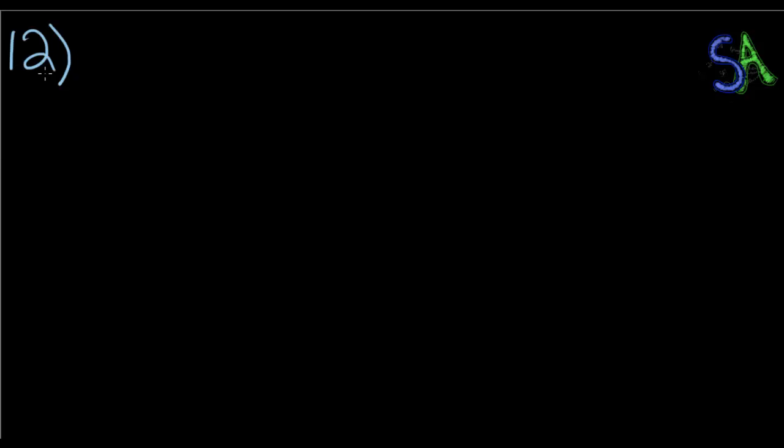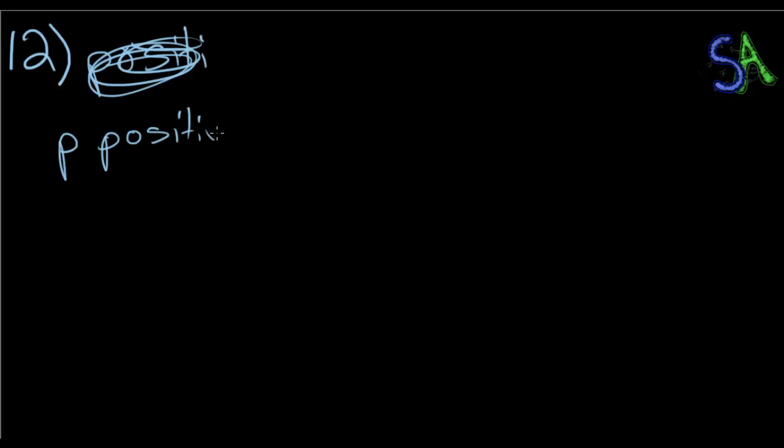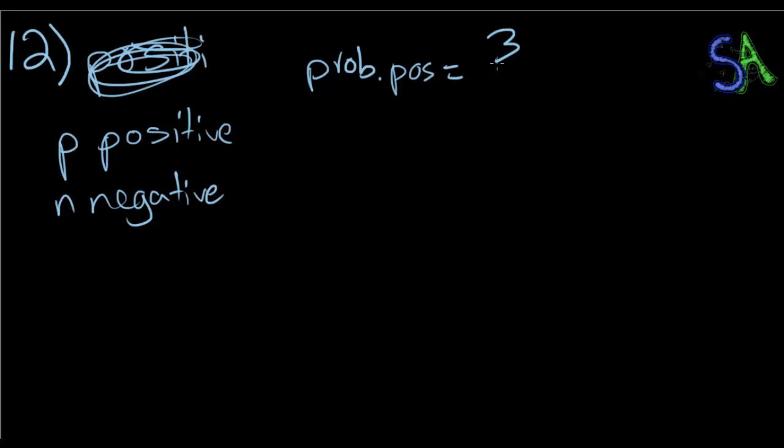So, the probability of the number being positive, well, actually, before we even start on that, there are p positive numbers and n negative numbers. So those are variable values. And the probability of a number being positive is equal to 3 over 5.